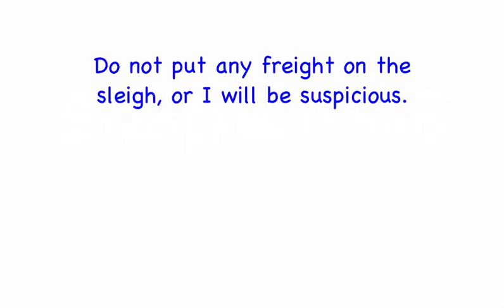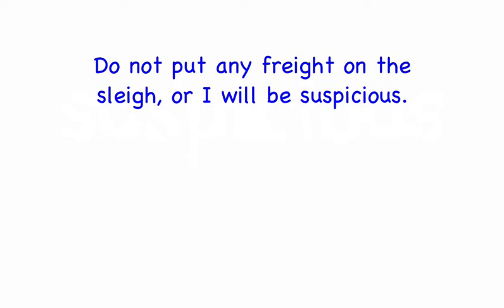First syllable, sus, 3 sounds: s, u, s. Second syllable, p, 2 sounds: p, I. Third syllable, shus, 3 sounds: sh, u, s. Suspicious. Do not put any freight on the sleigh, or I will be suspicious.